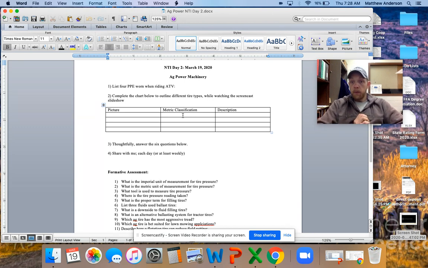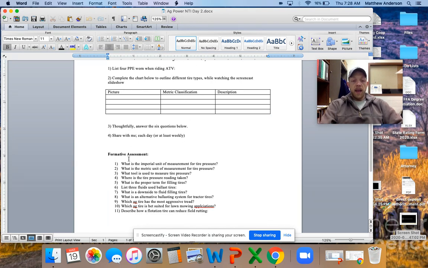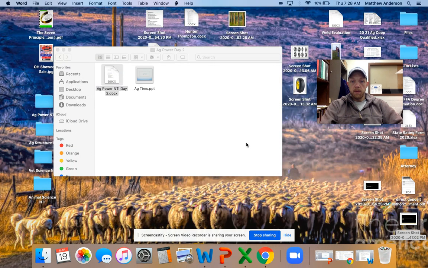This is for your notes. I do not need to see this chart. I just want you to be able to map them out. I have seen questions like this before on the end of program assessment, so it'd be good to know. Once you get that done, then just go through and label or answer these 11 questions for me about ag tires. So without further ado, we'll get to it.